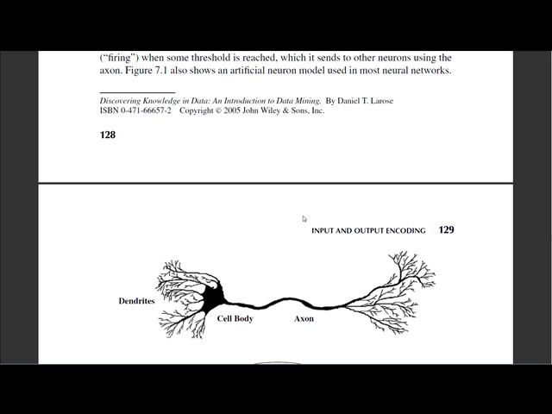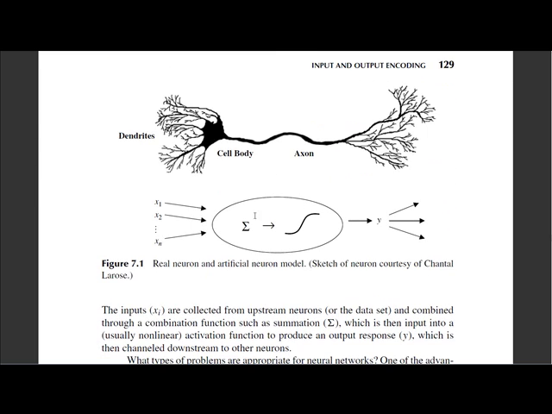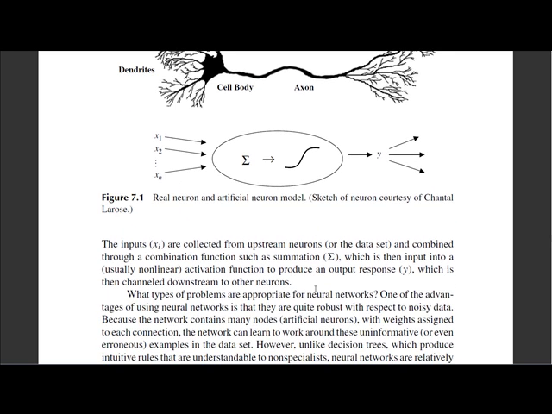Okay, figure 7.1 also shows an artificial neuron model used in most neural networks. So this is an artificial one. This is what we just saw in the last picture before. Here you have the input variables, and then the hidden layer is here, and then you make a prediction over here at the output layer. Okay, so the inputs x sub i are collected from upstream neurons or the data set, usually just from the data set, and combined through a combination function such as this.